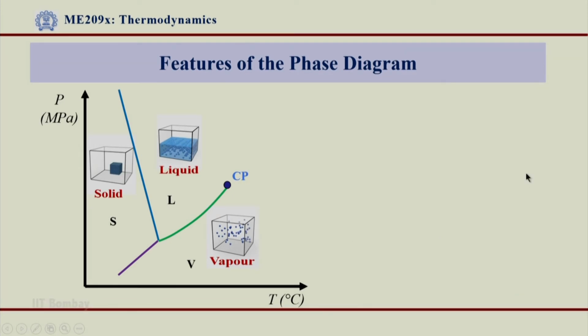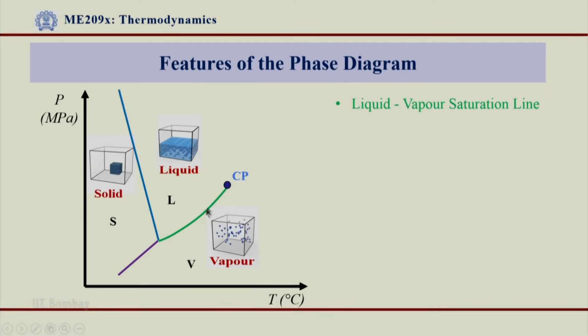What are these features? What you see here is a green line, which we call the liquid vapor saturation line, because you encounter this line while having a phase transformation from liquid to vapor.